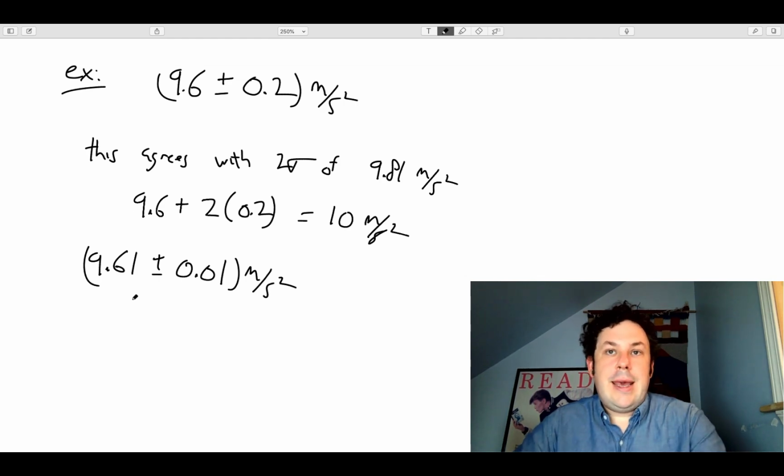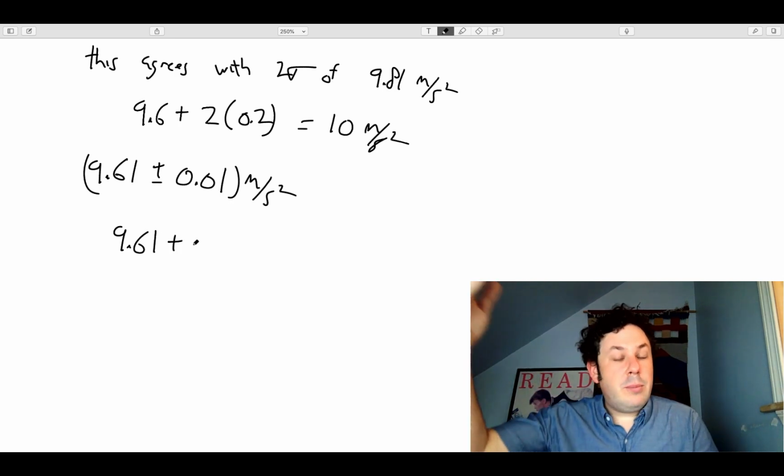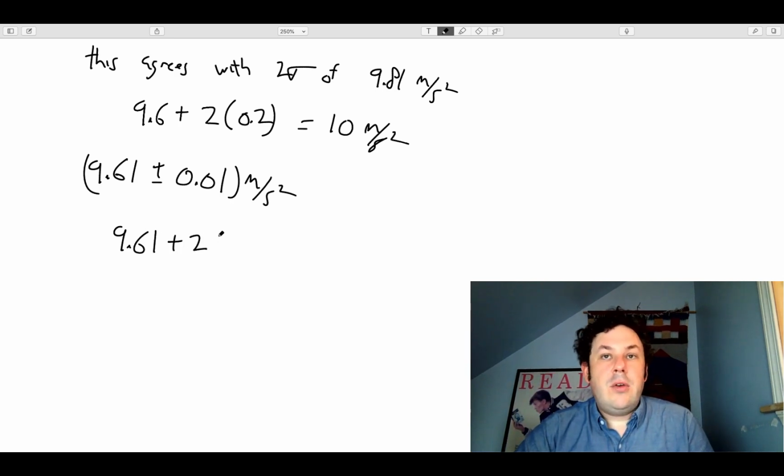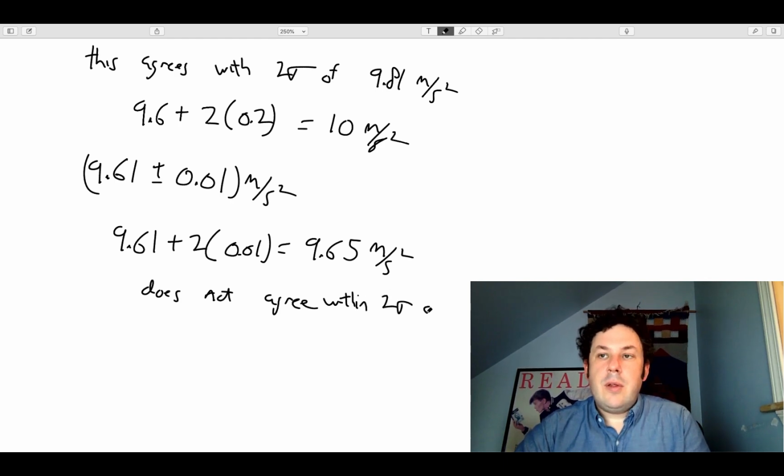So again, the 0.01 is the sigma, so you would have 9.61 plus, so I'm just doing plus because the value is lower than, 2 times 0.01, and I'm being lazy with my units, bad on me, and this is 9.65 meters per second squared. So this does not agree within 2 sigma of the real value.